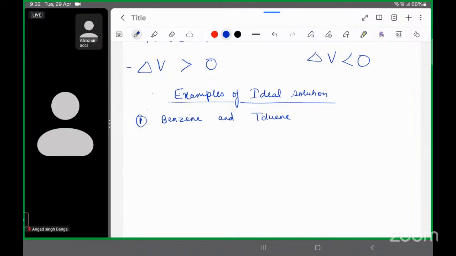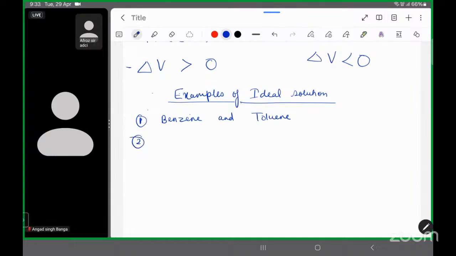Same interaction will be there if they have the same polarity and almost the same size. If there is more difference in size, the van der Waals forces will be different, and so they will have different intermolecular attraction. So size should be the same, polarity should be the same.